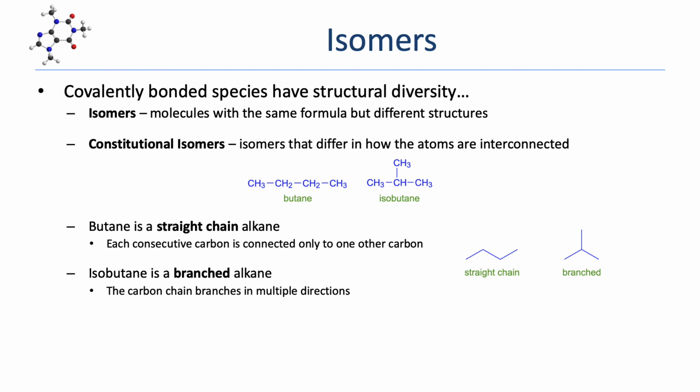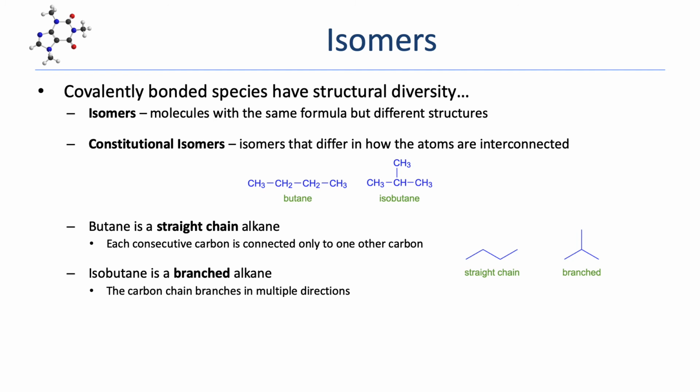Both have the same formula, C4H10. But the atoms in both compounds are actually connected differently. If you look at the first molecule, butane, you can see that it has a CH3 connected to a CH2, and then another CH2, and then a CH3. The second molecule, isobutane, we have a CH3 that then goes on to a CH and then kind of goes in 2 different directions to separate CH3s.